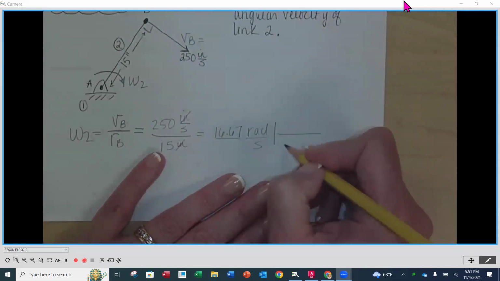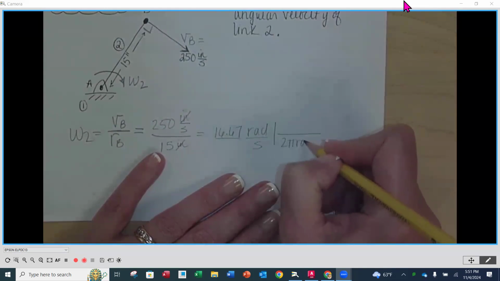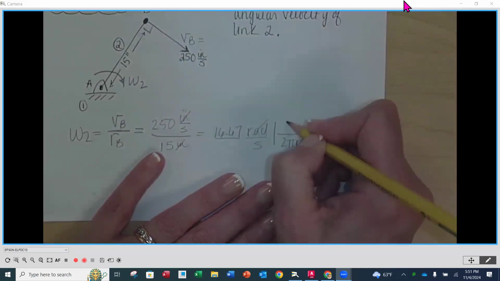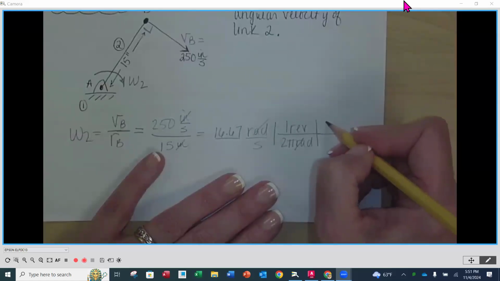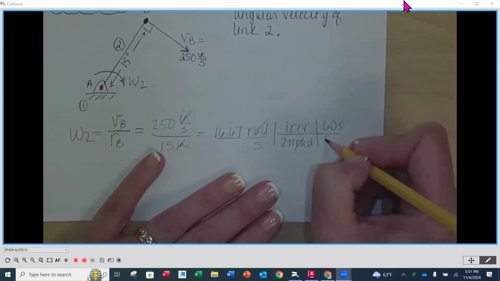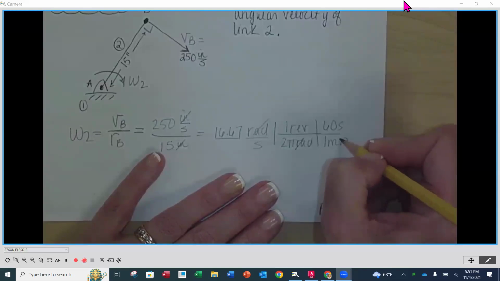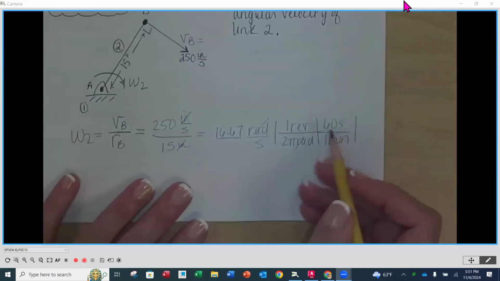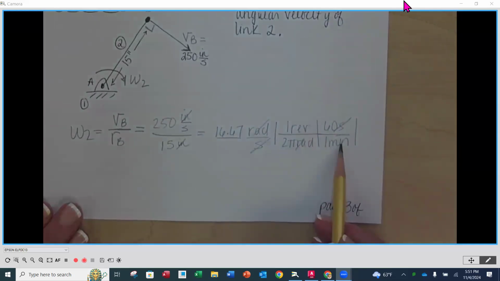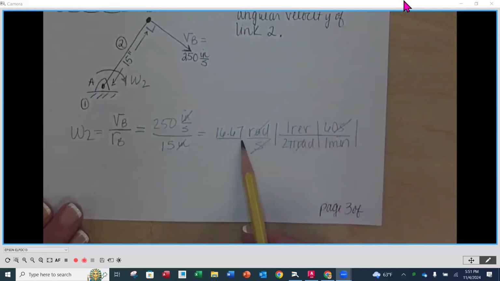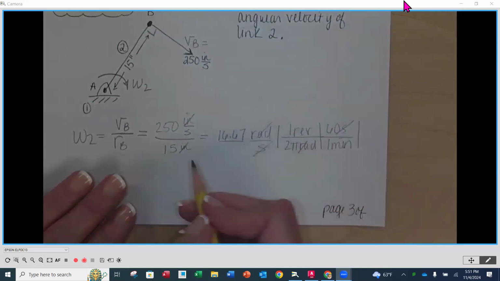First, 2 pi radians on the bottom is equal to 1 revolution. And then 60 seconds is equal to 1 minute. Seconds cancel, so we're left with revolutions per minute. So we take our answer, 16.67, multiply by 60, divided by 2, divided by pi.